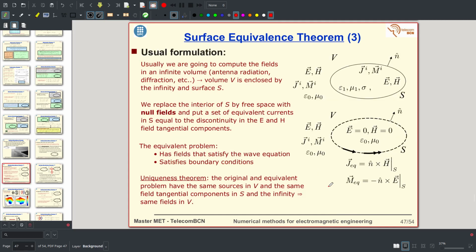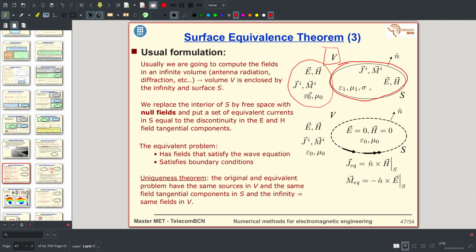So, in our case, we are very often interested in the fields radiated by antennas or diffracted by objects, as remember the field diffracted by an object in the volume equivalence theorem. So normally we are interested in computing the fields in volume V that is outside the object. Okay?